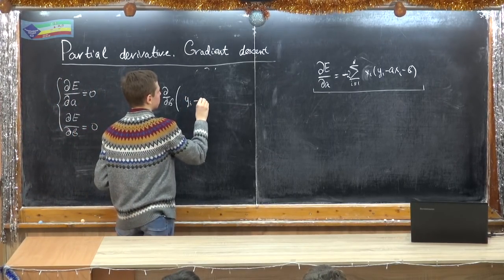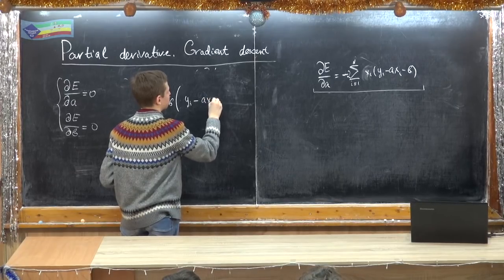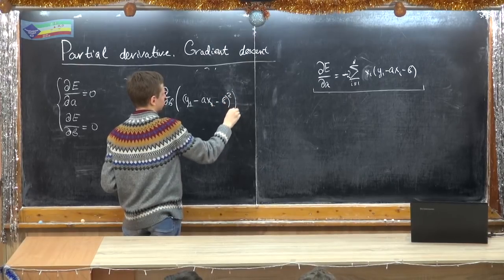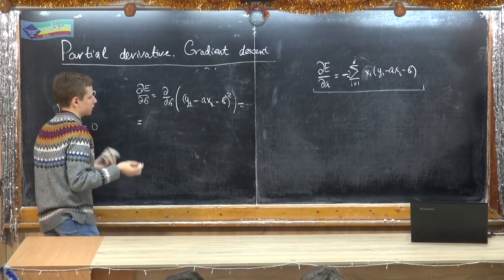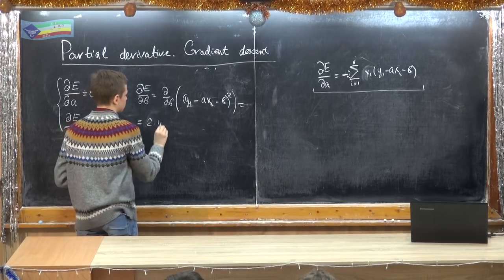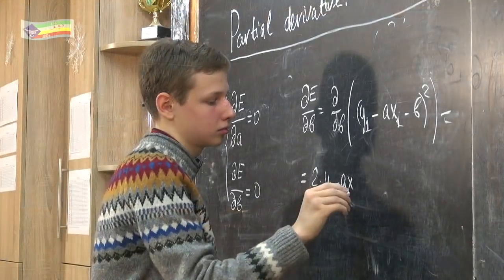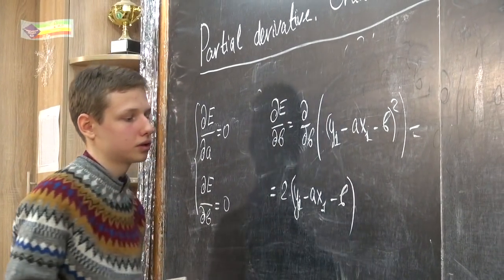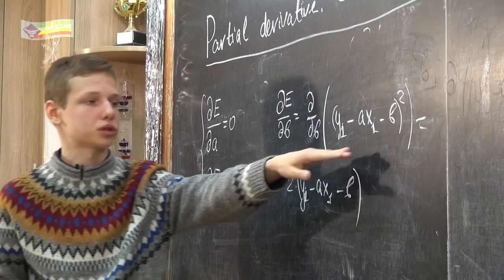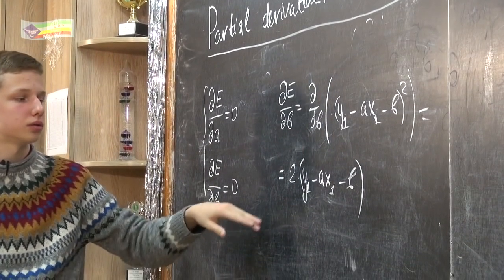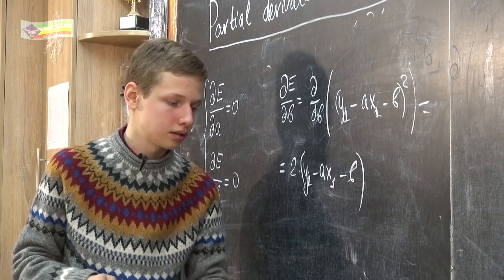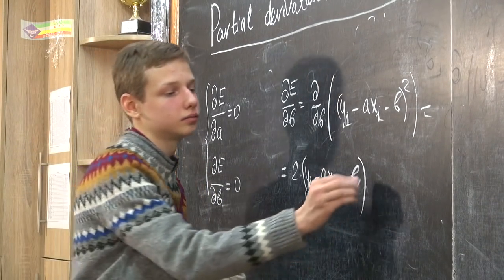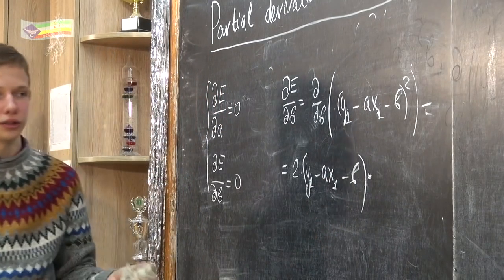We are again taking a partial derivative of a square of this offset, and by the chain rule we first get the derivative of the square function, which is equal to 2 multiplied by the variable, and then we take the derivative of the inner function.